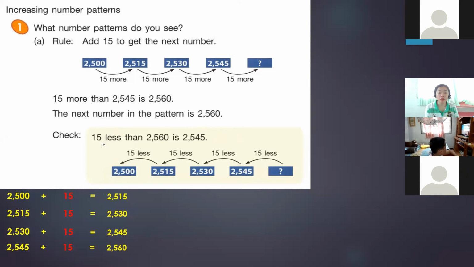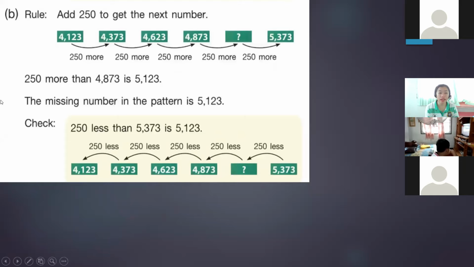So how do we check if your answer is correct? We're going to subtract 2,560 minus 2,545. It is equal to 15. Okay, so let's proceed to the next, letter B.